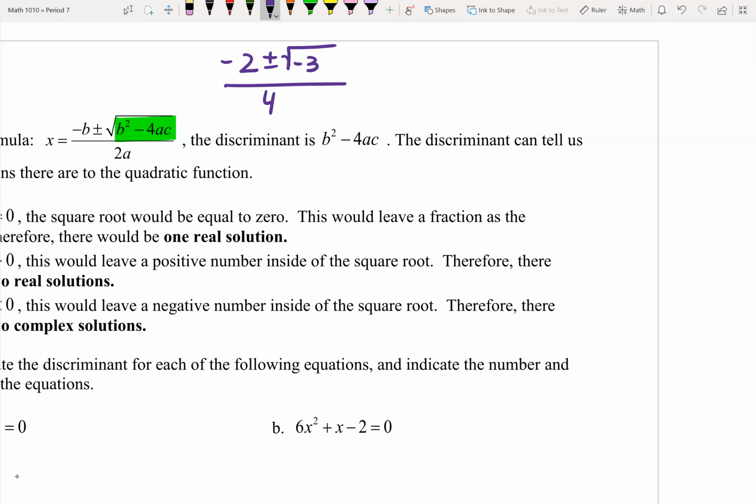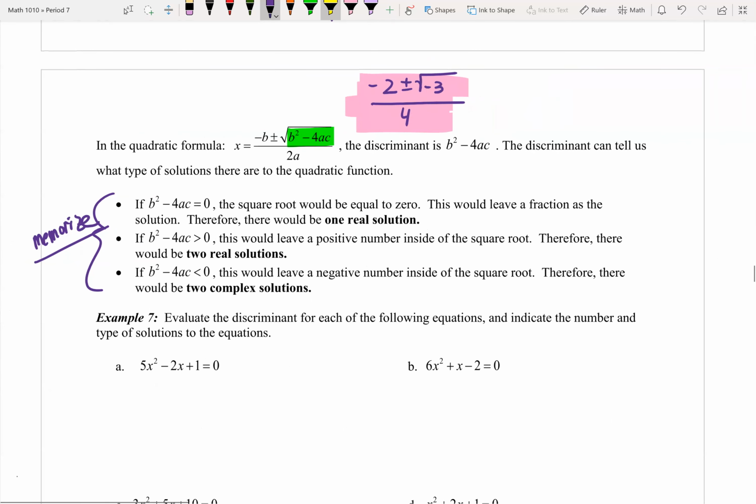They're imaginary. Why? Because it's an even root, because you have a negative in there. So if b squared minus 4ac is less than 0, that means if it's negative, you're going to have 2 complex solutions. Complex just means imaginary. Okay?